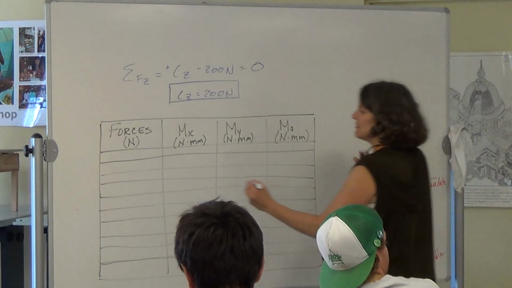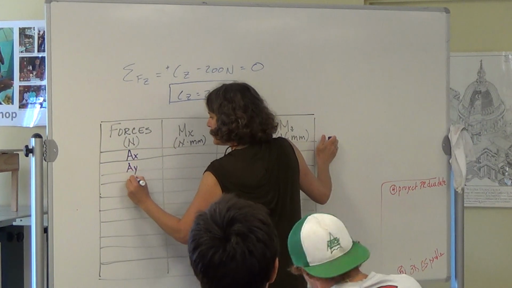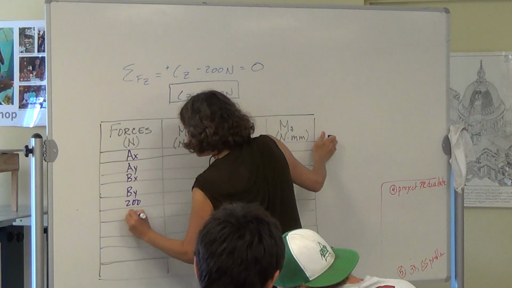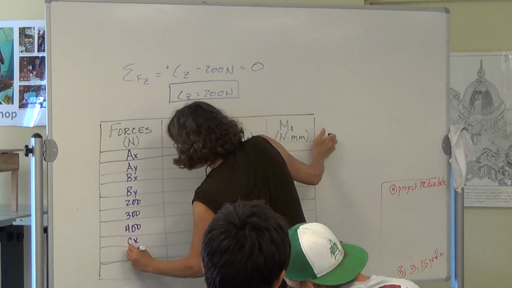Okay, so we have AX, AY, BX, BY. We have the 200, we have the 300, we have the 400. We have CX and we have CZ.